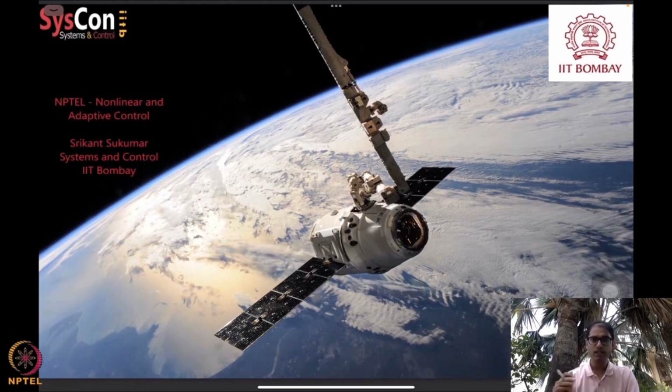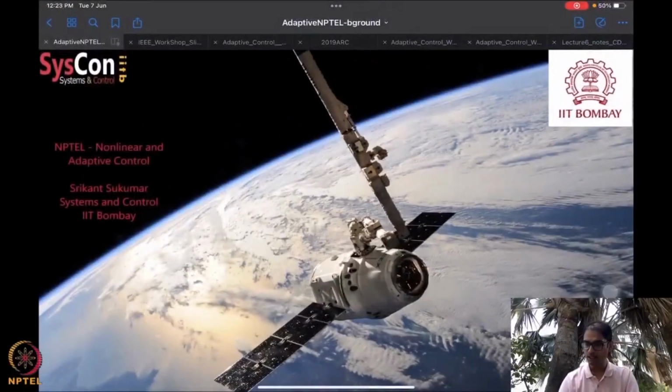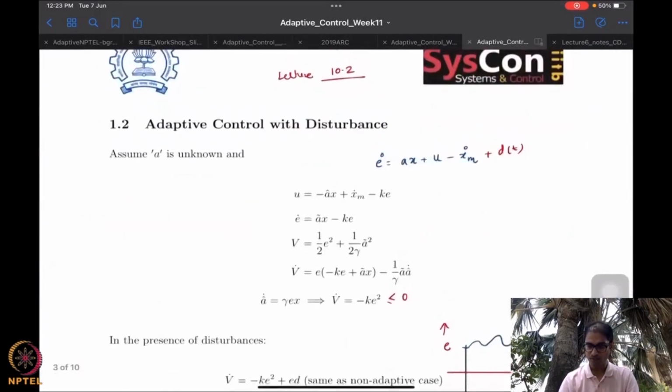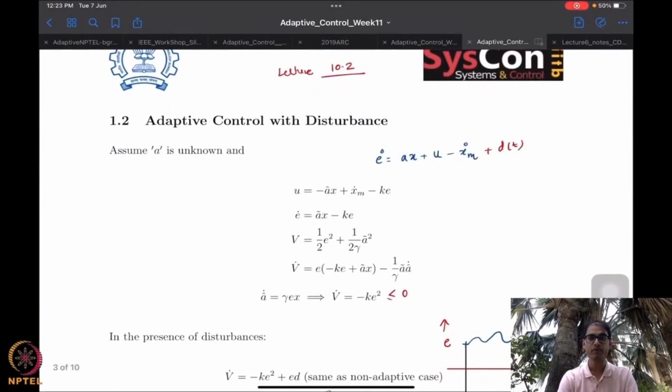So what we were doing in the previous session was to look at adaptive control in the presence of disturbance and how it impacts the robustness of the overall closed loop system.